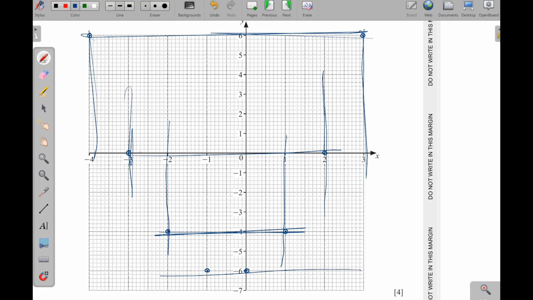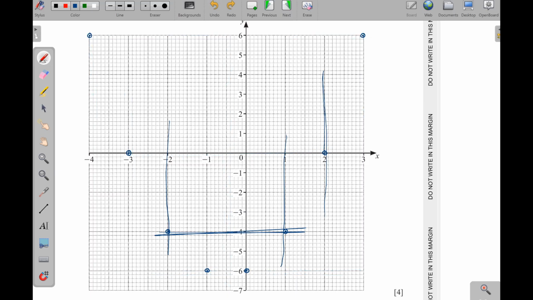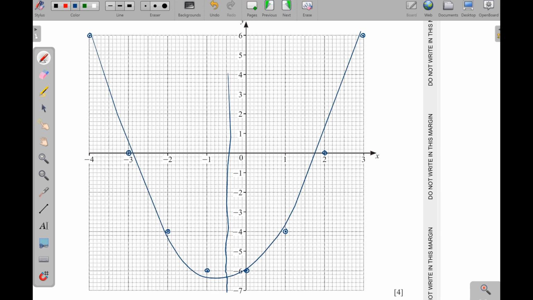Okay, even these ones have the same y coordinate. So the line of symmetry is that line which is going to cut the curve into 2 equal parts. So it has to pass through these 2 points that look to be the lowest. Okay, so it has to be here, so that when you draw this like that, it is the one that divides it into 2 equal parts.